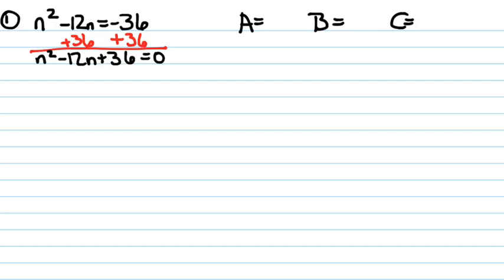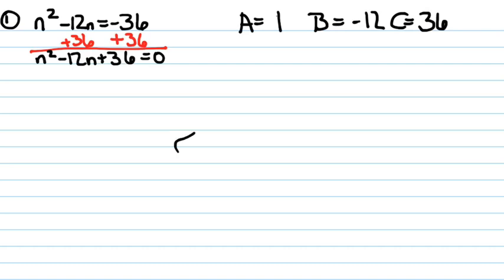Now, I'm going to pause it here, and y'all are going to fill in the A, B, C. What would be A, what would be B, and what would be C? So now we have A is 1, B is negative 12, C is 36.